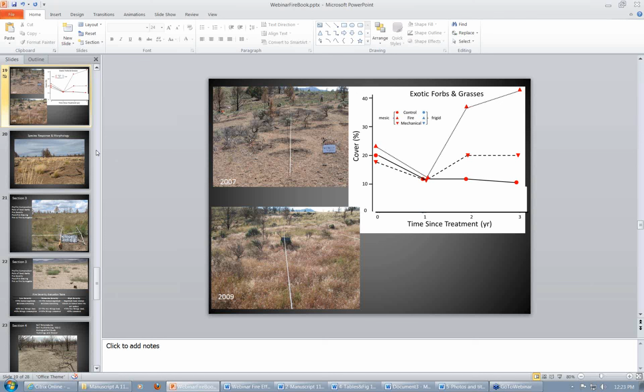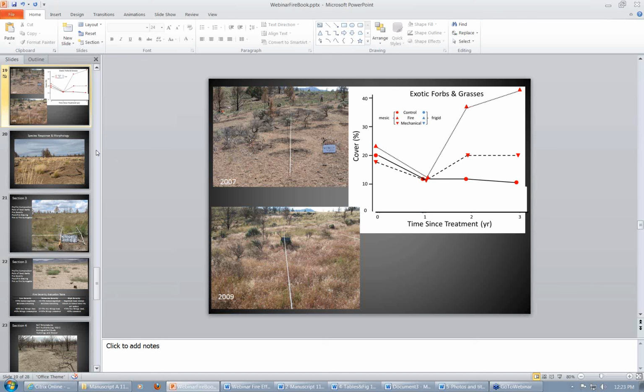So it's going to be dependent on residual seed crop from the previous year or maybe the year before that. So fire can have a huge impact on seed that's in the seed pool, particularly that stuff that's on the surface or lying in the duff layers beneath the plants.